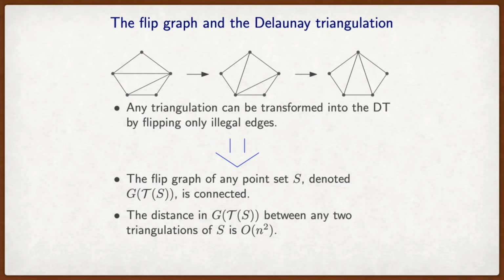In general, one can also study the flip graph of a subset of all possible triangulations, such that the triangulations have certain properties, such as triangulations that contain a perfect matching or a Hamiltonian cycle, among others.